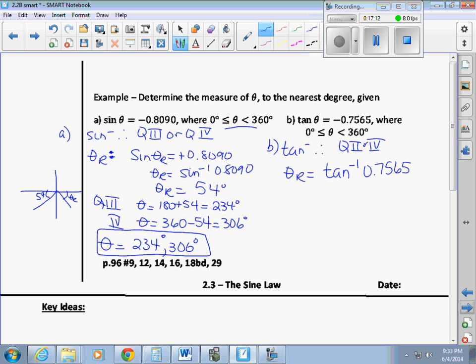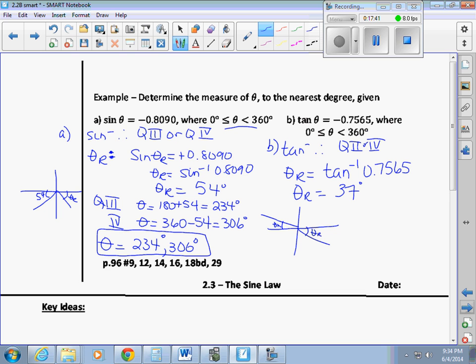Remember, your reference angle is always positive. So your reference angle, to the nearest degree, is 37. If I were to draw that in quadrant 2, the reference angle would be about right there. In quadrant 4, my reference angle is, well, that got a little bit wide, but you get the idea.